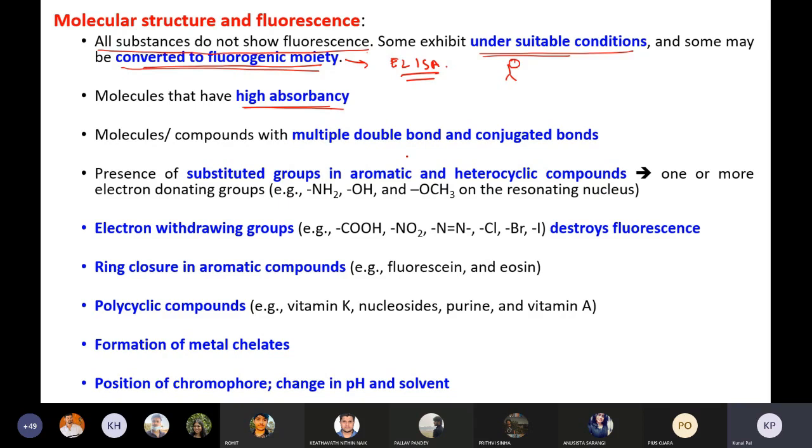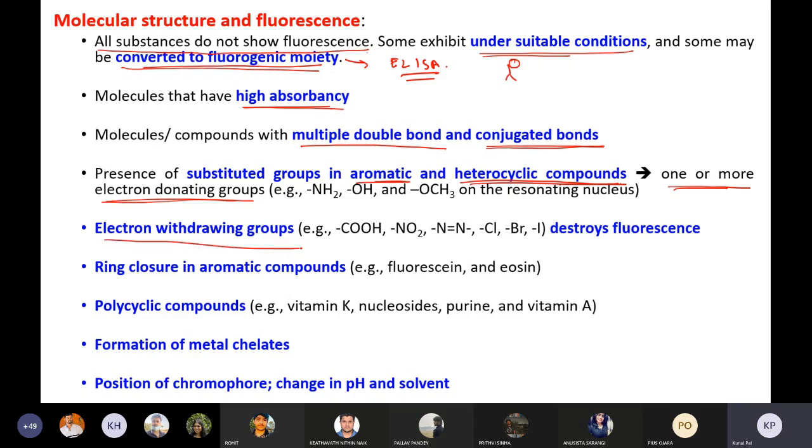Okay, then molecules or compounds that have multiple double bonds or conjugated bonds can show fluorescence. Okay, then if you have one or more electron donating groups, then you can have fluorescence, and if these electron donating groups are present in aromatic and heterocyclic compounds, then the chances of fluorescence are much higher.